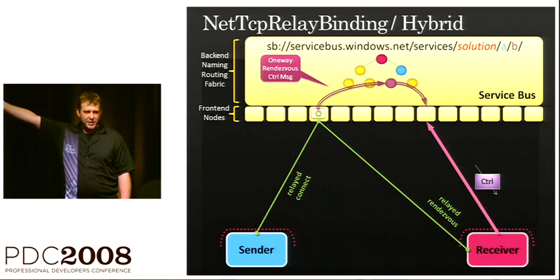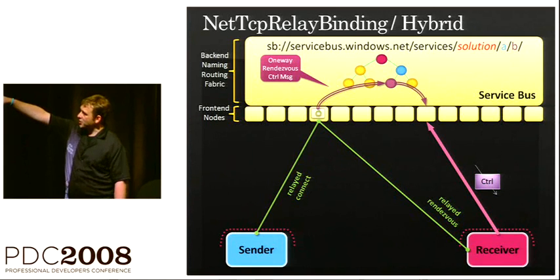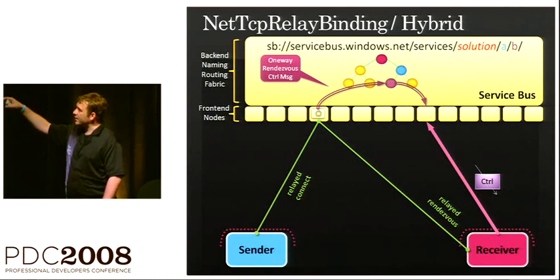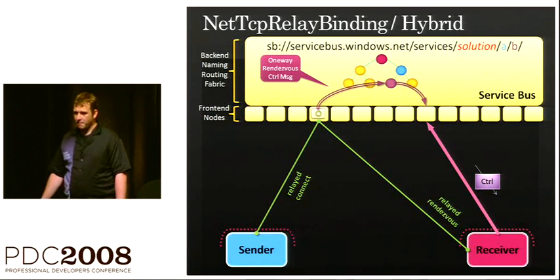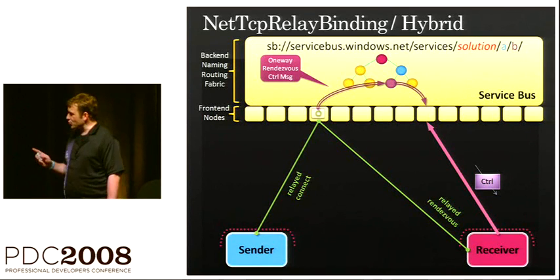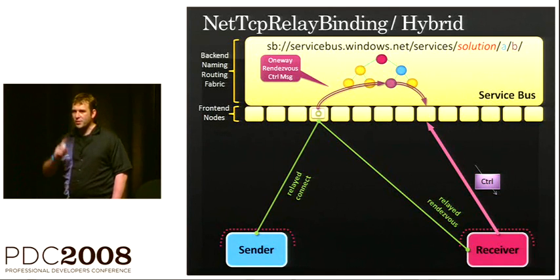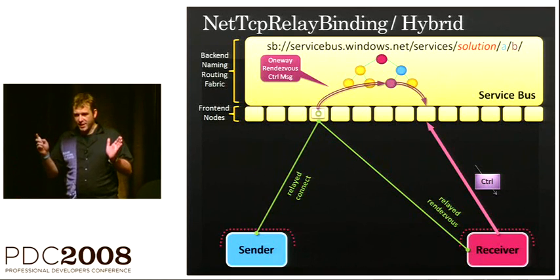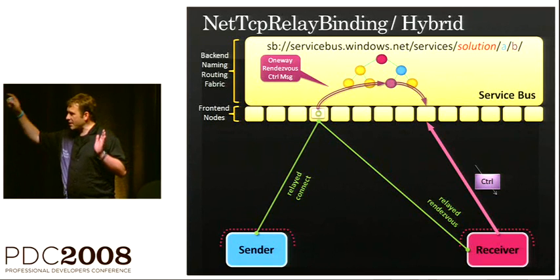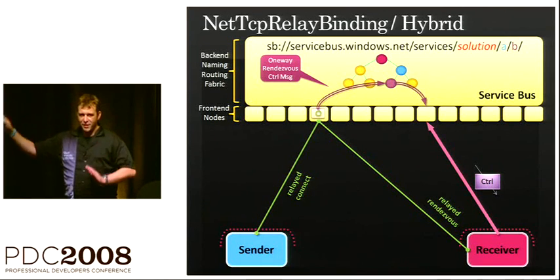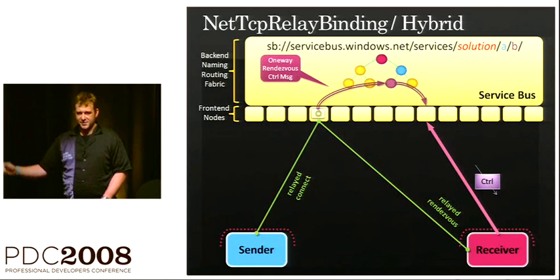This is a NetTCP connection as we just saw it, right? There's a socket forwarder over there, and we have established that connection. Now what we want to do is create a direct socket between the sender and the receiver, even though they're both behind firewalls and even though they're both behind NATs. I repeat that: we're going to create a direct socket connection between the sender and the receiver, even though they're behind firewalls and behind NATs.